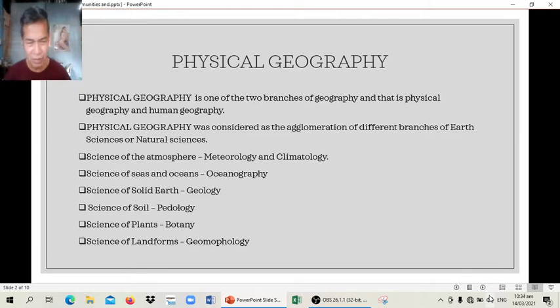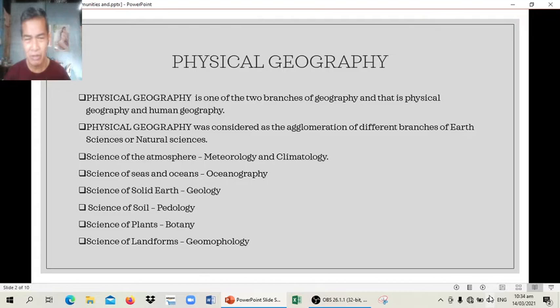The next is the science of solid earth, geology. We also have the science of the soil, which we call pedology. The next is the science of plants, which is botany, and the science of landforms, geomorphology. Nagkulang ako ng R, geomorphology.